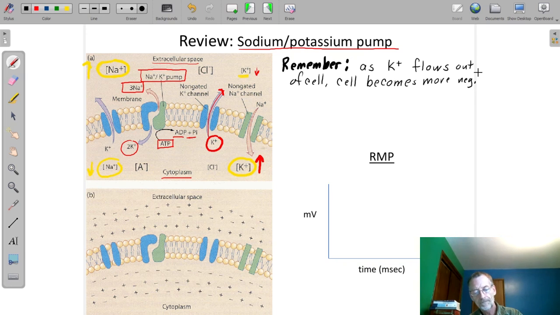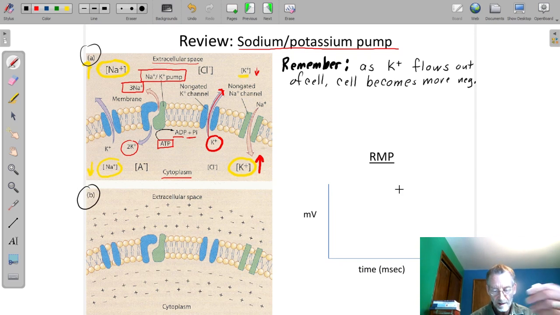Okay, so here's the result of the sodium-potassium pump running in the picture above, and here's the end result. Outside of the cell, as you can see, is positive, and the inside of the cell is negative.